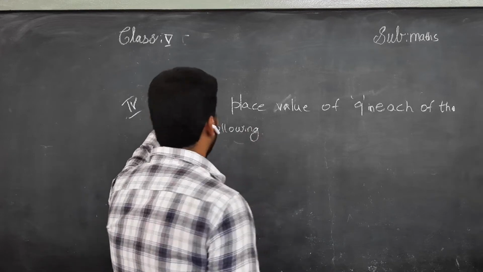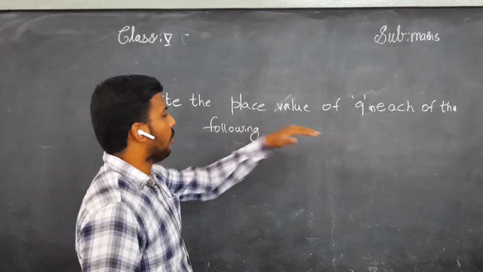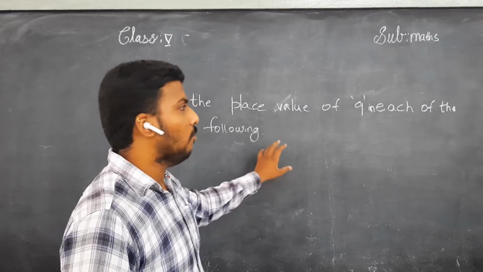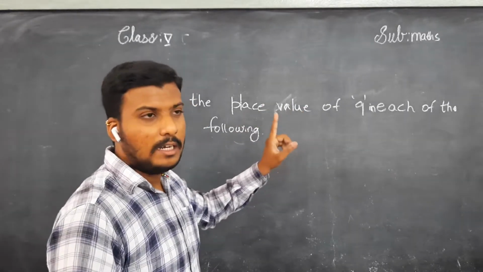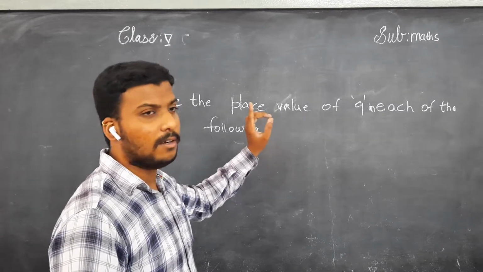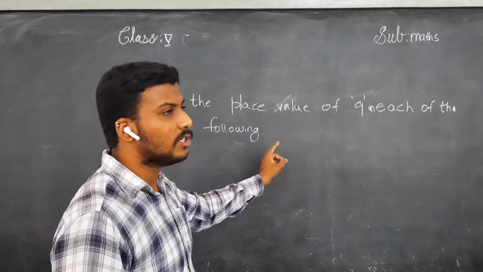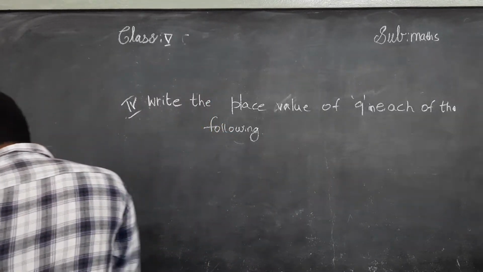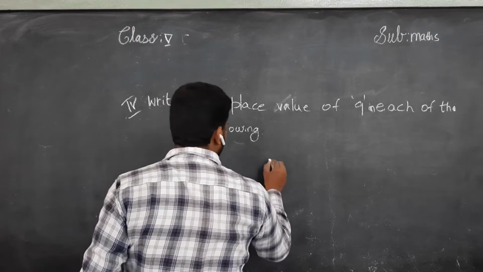Okay children, write the place value of 9 in each of the following. Means they will give a certain number. In that certain number we have to find the value 9. Understand? And after finding the number 9 in the place value system, we have to count them. Understand children?